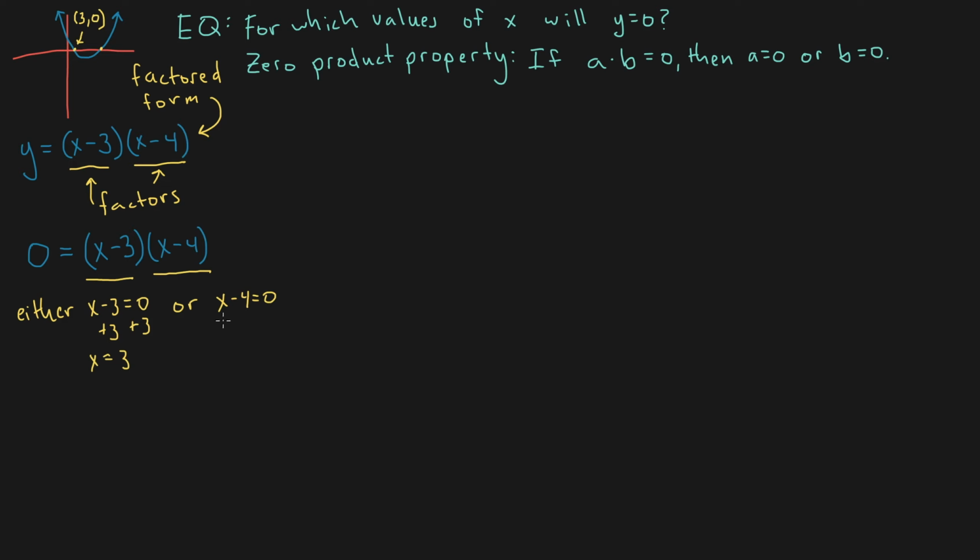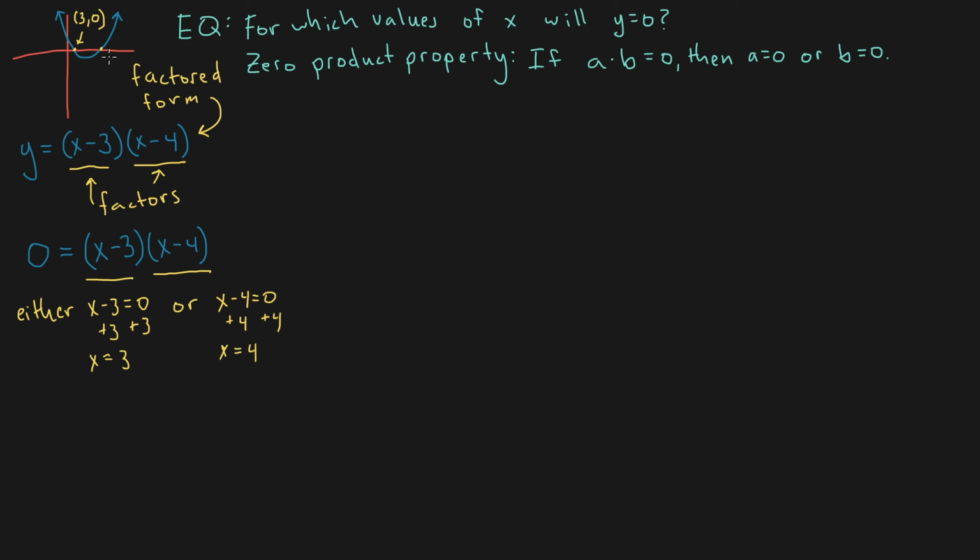And then similarly over here, we can use a little bit of algebra, add 4 to both sides. We can add 4 to both sides, and that gives us x is equal to 4.